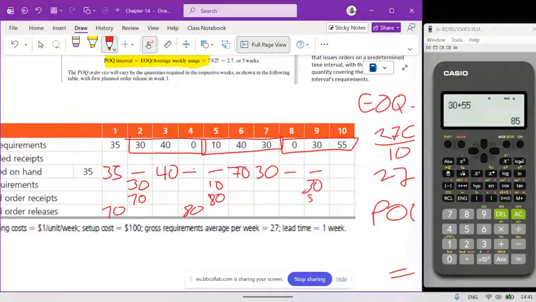So 85 is what we must order. Respect the lead time. Should the lead time change, you adjust accordingly. So 85 minus 30 equals 55. 55 minus 55 is a 0. And that's how it works.